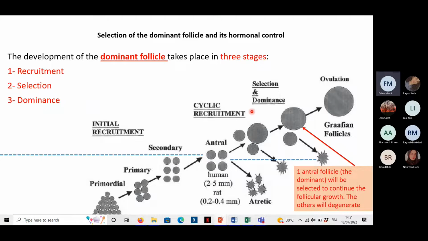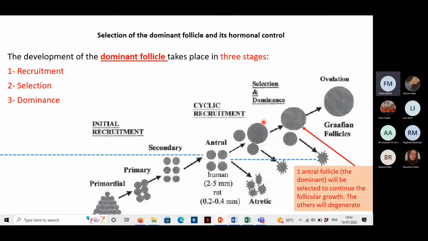So due to this drop in the FSH levels, only this biggest one, which will be the dominant one, will keep on surviving, and the other follicles will die. And so this drop of the FSH level will lead to what we call a selection of a dominant follicle.